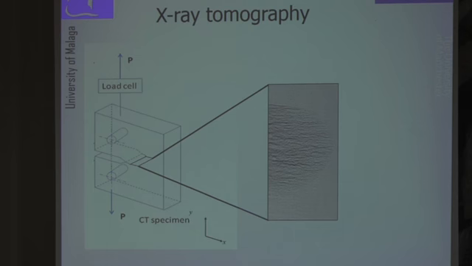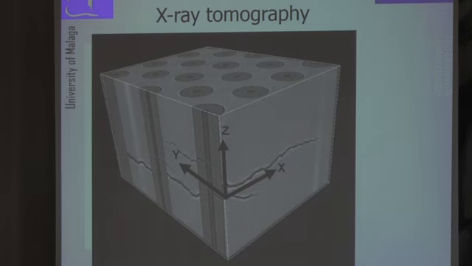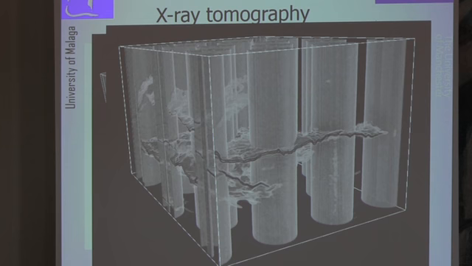Or we can get more complicated things such as what Jean-Yves Bouffier normally presents, the interaction of a crack with longitudinal fibers in a metal matrix composite.